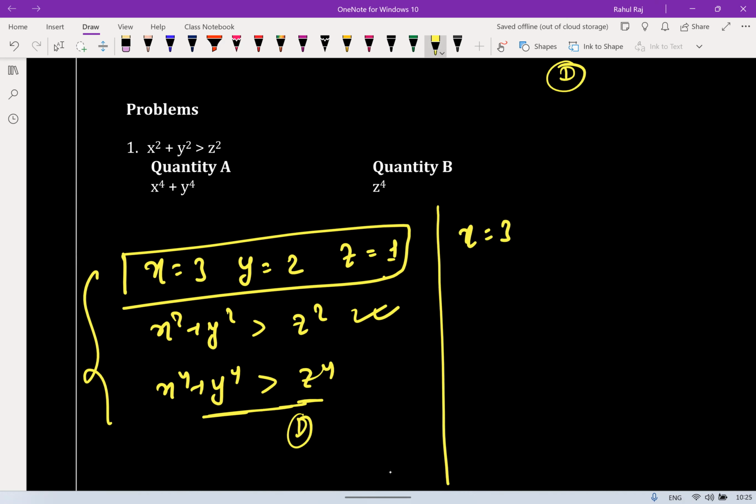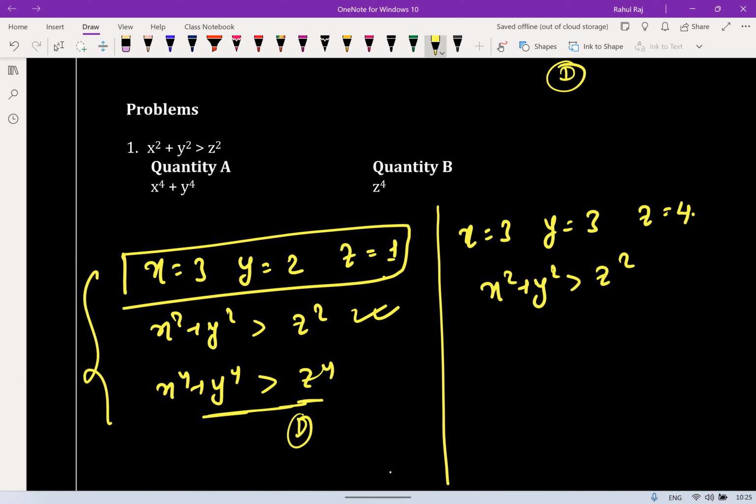Imagine I take x is equal to 3, y is equal to 3, and z is equal to 4. Can I say my condition is satisfied, that is x square plus y square is greater than z square? 9 plus 9 is 18, and 18 is greater than 16.